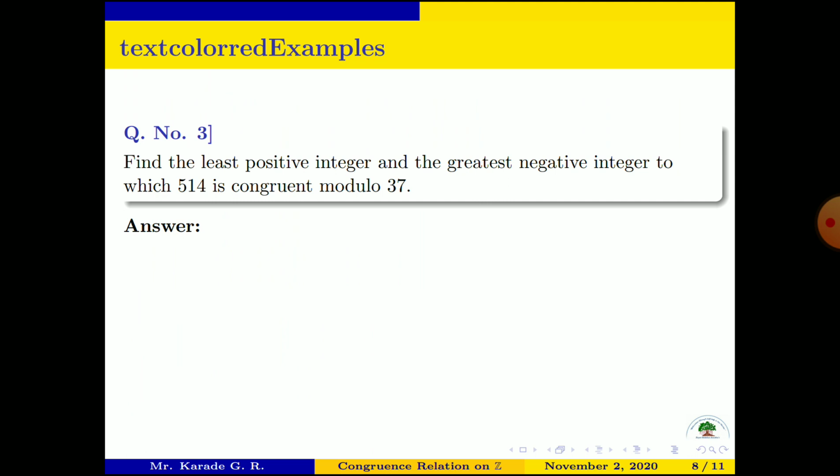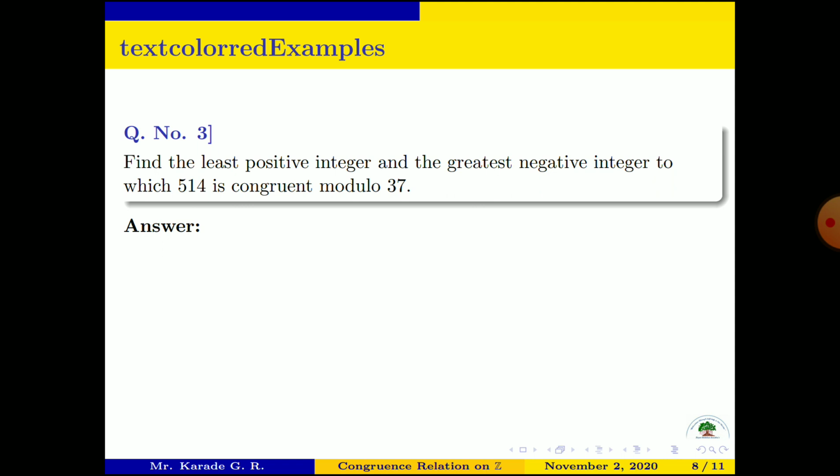We know that if I divide a number a by n, and in this division the remainder left is r, then we say that a is congruent to r mod n.